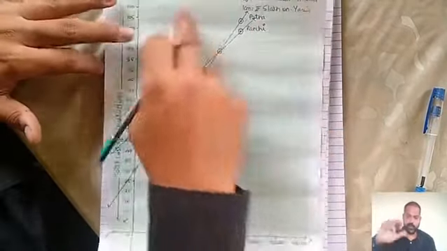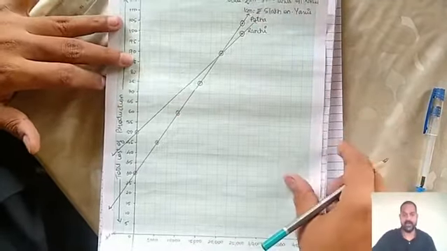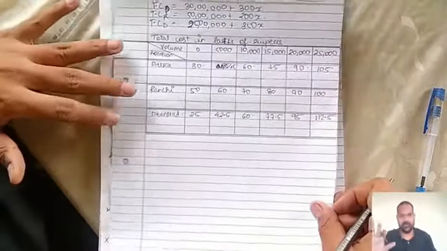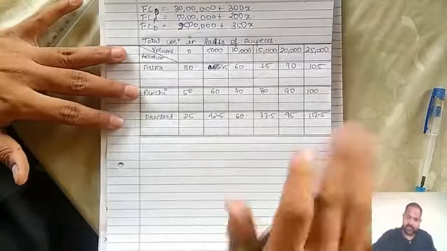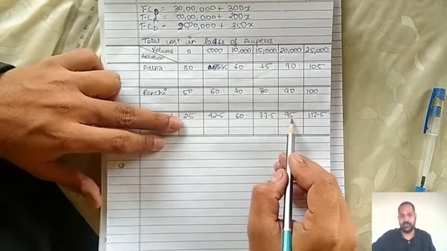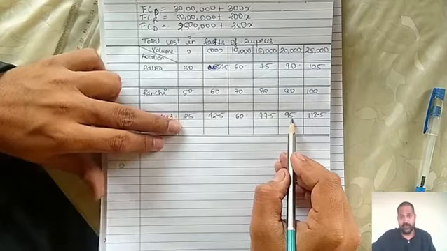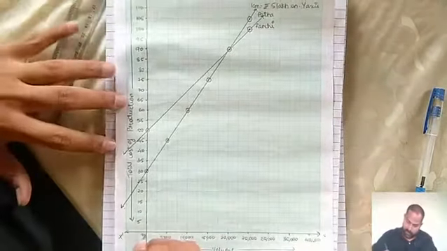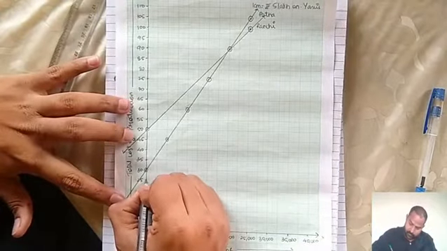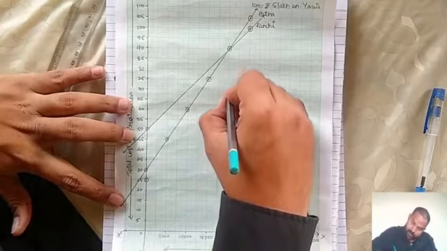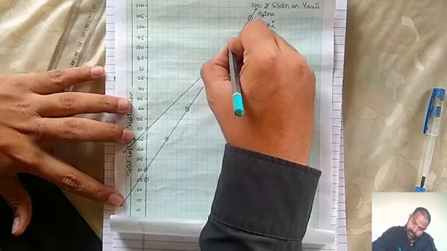Correct? Or I should have drawn Patna here. Wait, let me finish Dhanbad and then decide. Let's come to Dhanbad. Plot two easy points and finish it off. At 0, it is 25, and at 20,000, it is 95.